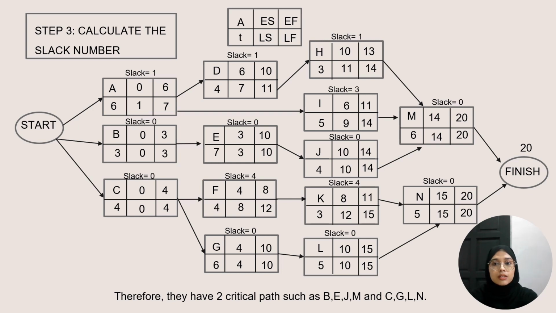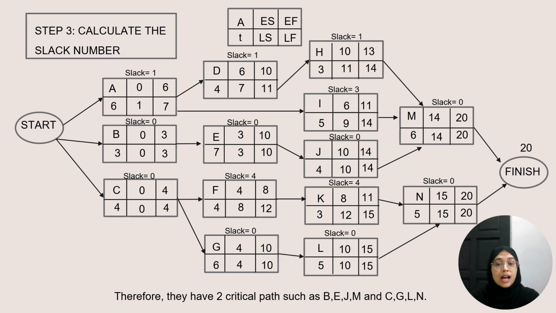For activity C, the slack is 0. Activity D, the slack is 1. For E, the slack is 0. For F, the slack is 4. For G, the slack is 0. Next, H, the slack is 1.